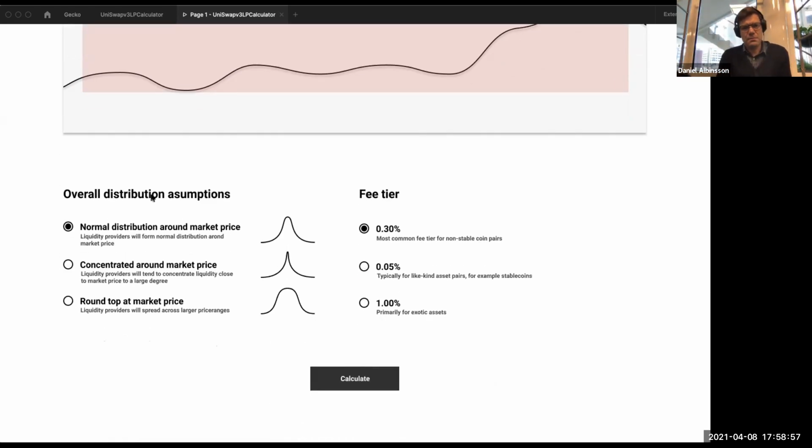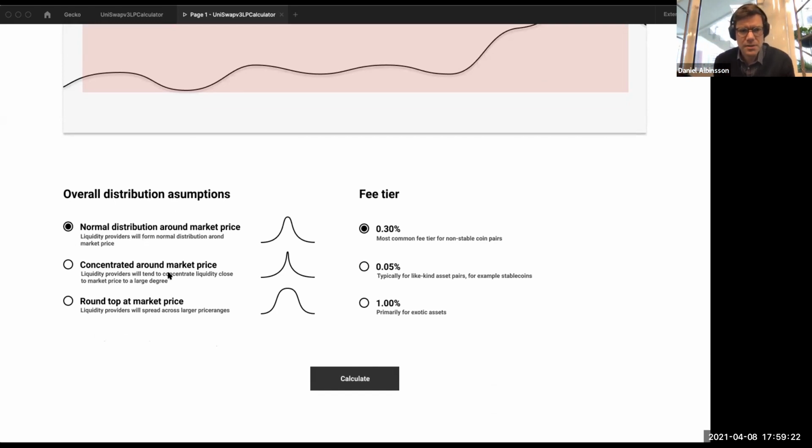Then we have what Shimon just said, which is assumptions of what other LPs will do. And one is just normal distribution. So people will distribute around the current market price. That's just one assumption.